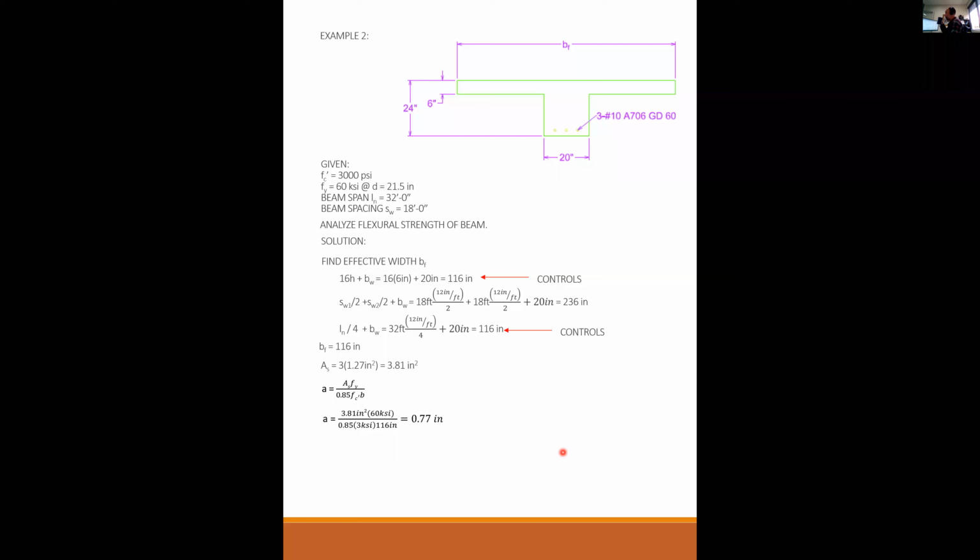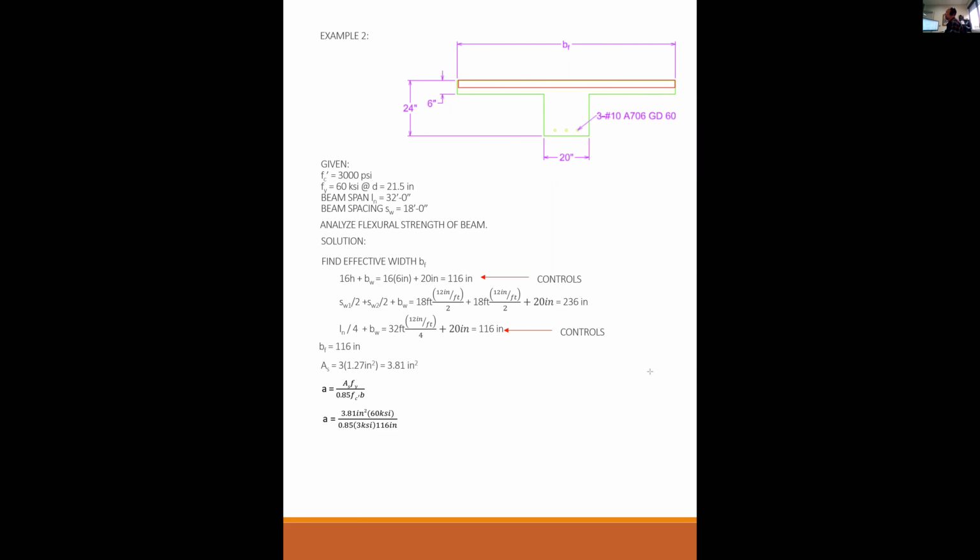Is everybody straight on that, or is that confusing? Yeah, can you explain that, please? So this is a beam in positive bending. The steel is on the bottom, so the bottom is in tension. The compression is on the top, so the compression is going to be here.